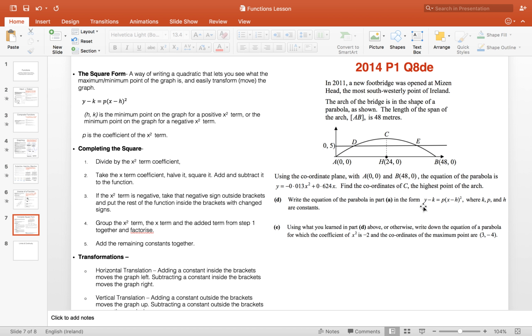They don't tell us explicitly they want it in square form, but that is the form to have. Instead of having it written like this, we have it written as a factorized square with some constant. So let's see how we do that.